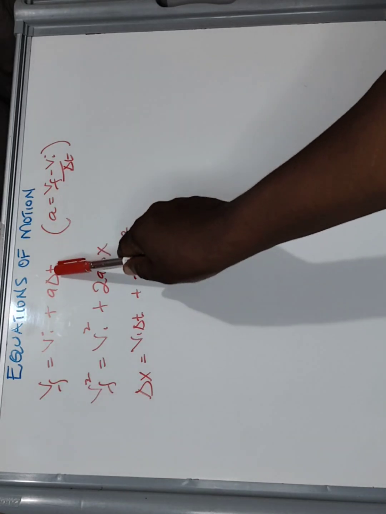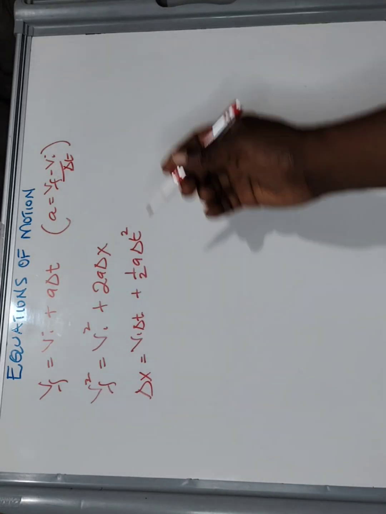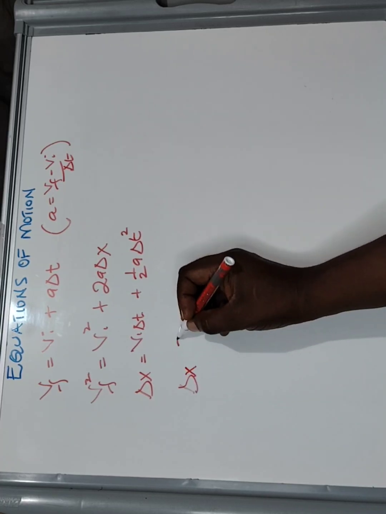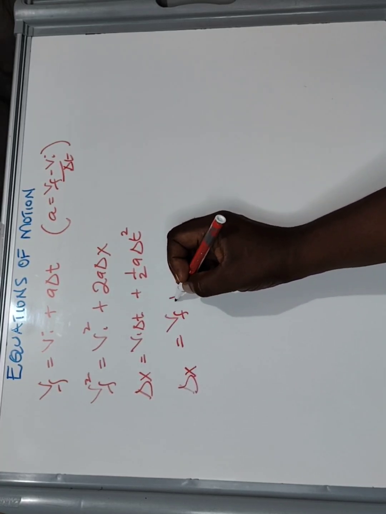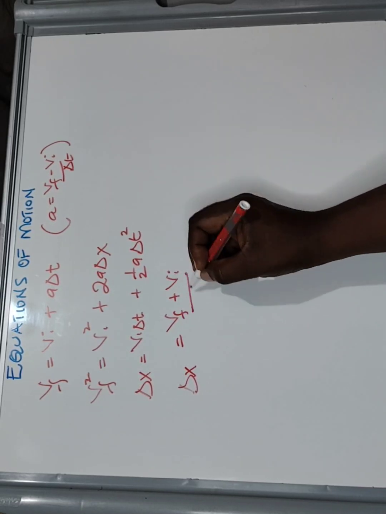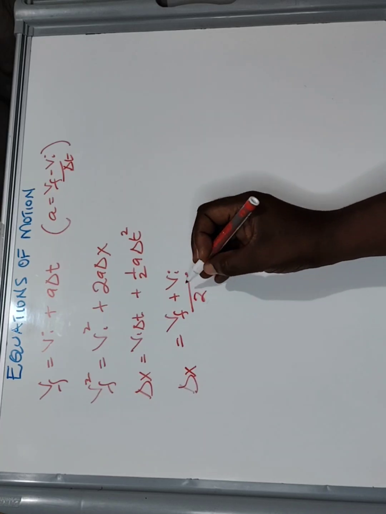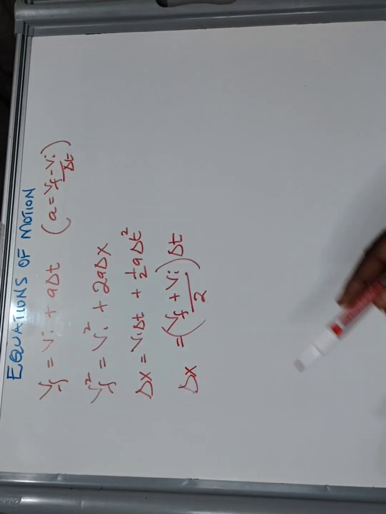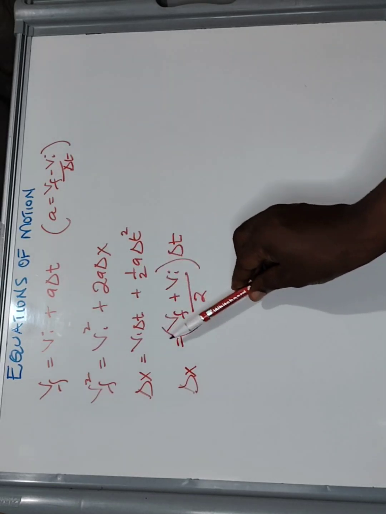It's the only factor which is common in all of them. Then comes this one, which is missing acceleration. What does it say? It says delta X is equal to Vi plus Vf, over 2, into delta T.